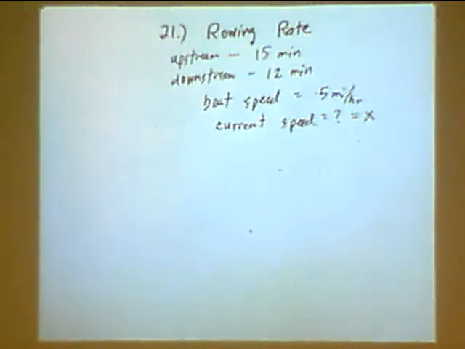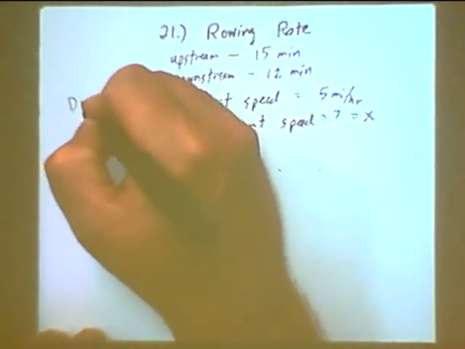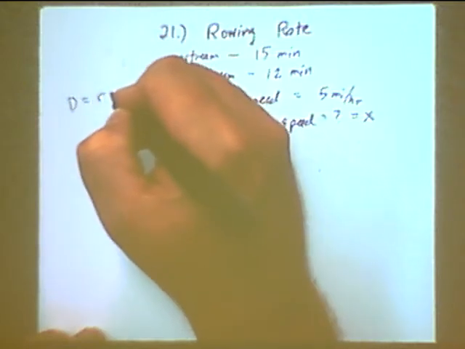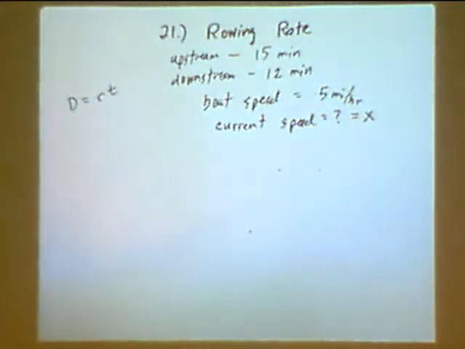All right, this is another travel problem. Everything we do is going to be based off of the distance you travel is equal to the rate, or how fast, or the speed, times the amount of time that you're traveling, in this case rowing.